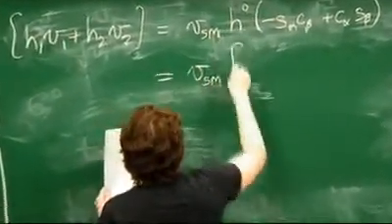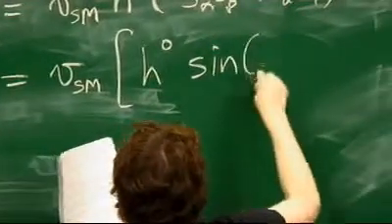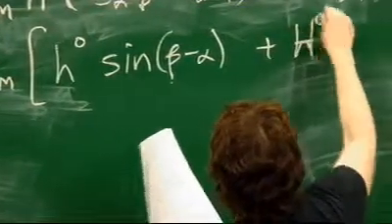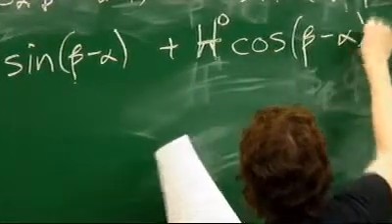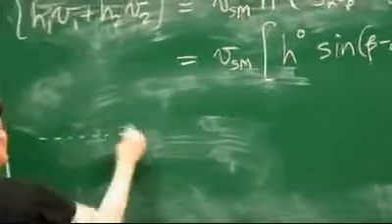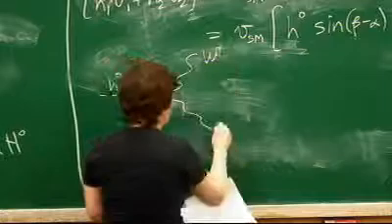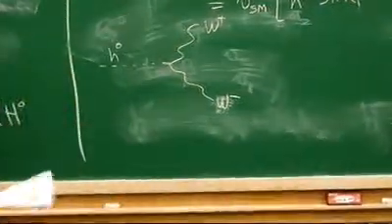If you look up some trig identities, you can rewrite this combination as sine beta minus alpha, and for big H, that combination is cosine beta minus alpha. So what you learn is that the coupling of little h to WW, and the couplings to ZZ, follow exactly the same pattern.